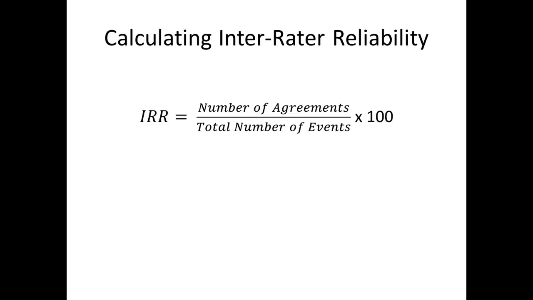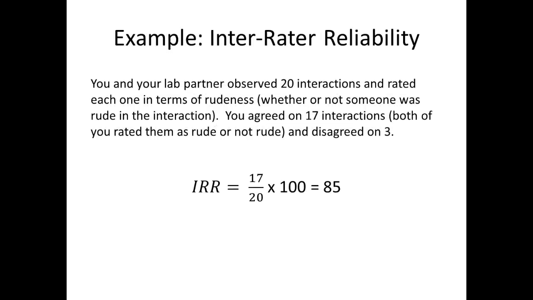To calculate interrater reliability for a variable, you would estimate the total number of events observed and divide the number of times you agree with your partner regarding the coding of the event into that. Here's a quick example.